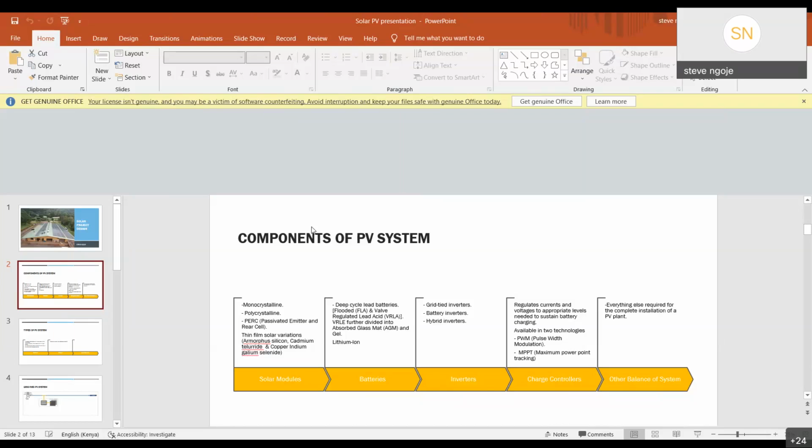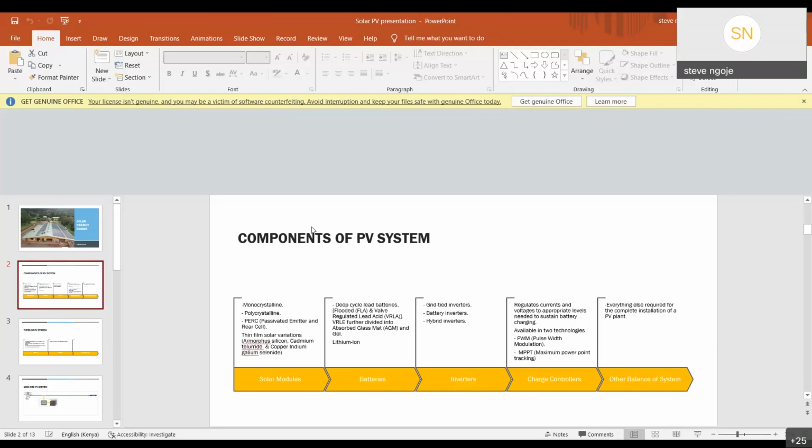The next inverters that most of us are accustomed to are the battery inverters. The battery inverters, pretty much their work is to discharge the battery. Some of them have been built with the capability to charge and discharge. The ones that can charge and discharge batteries are called inverter chargers.